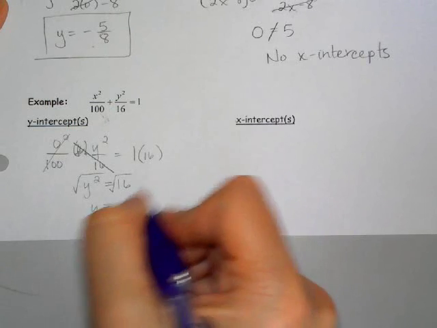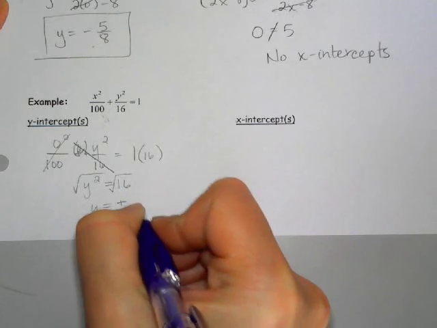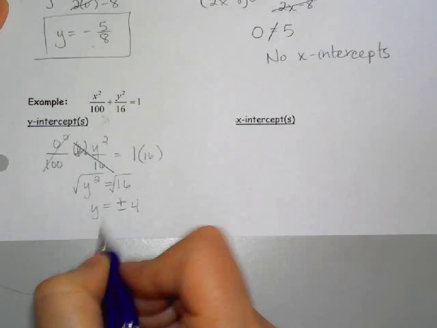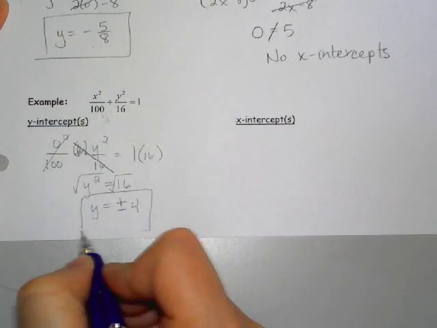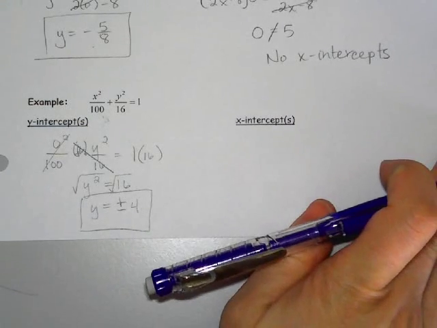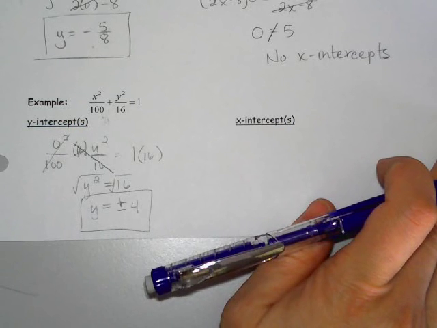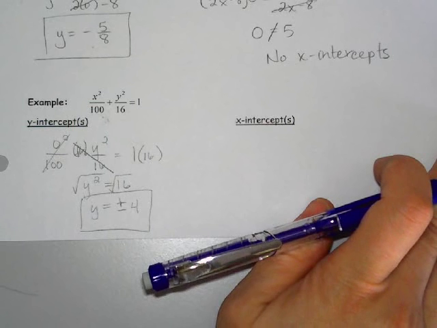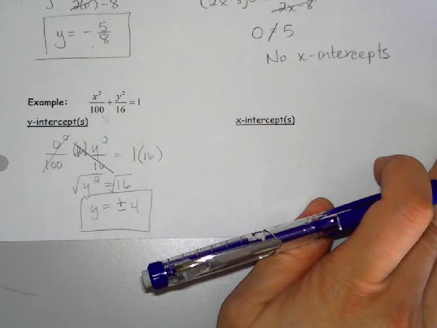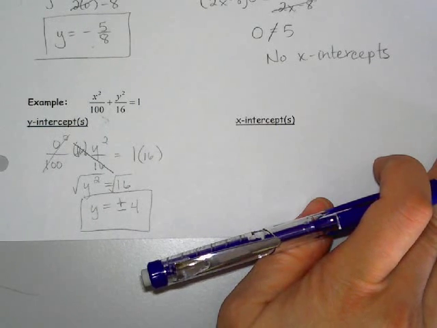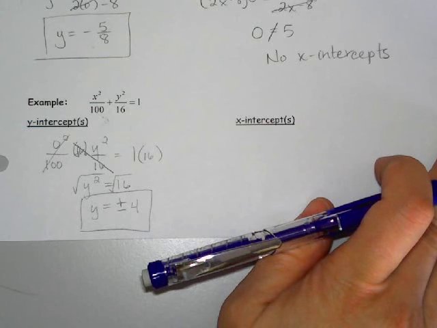Just 4? Plus or minus 4. So this is a situation where you have two y-intercepts. This particular equation is actually a circle, which isn't a function. A function can only have one y value per any x value. But this one is going to have two y-intercepts at both positive and negative 4.